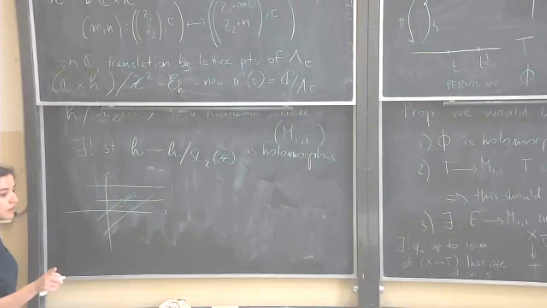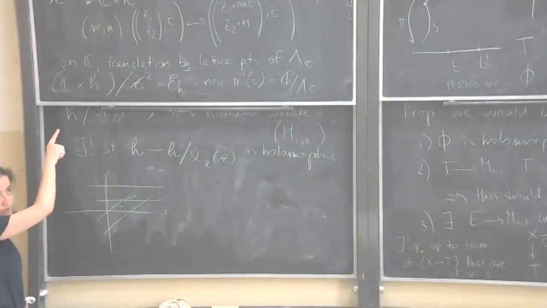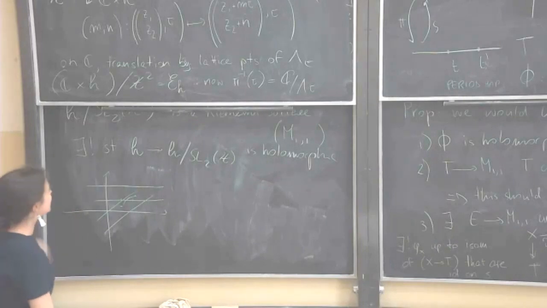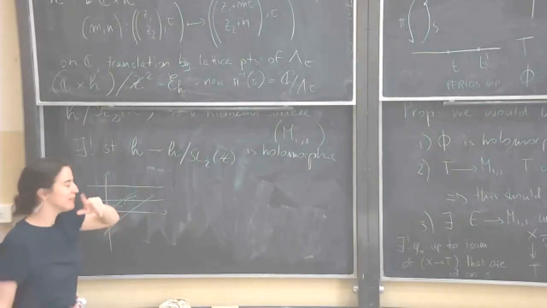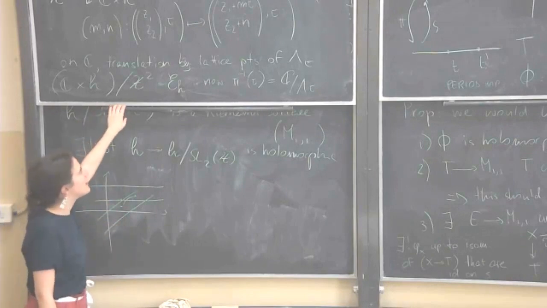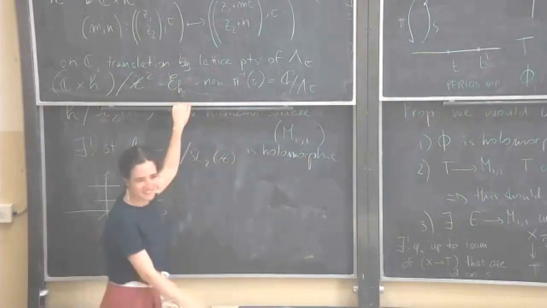No, no, tau is, wait. No, you're right. Yes, that's true. Sorry, thank you. Yes, of course, because otherwise you are summing a coordinate to another complex number, and so it doesn't make sense.